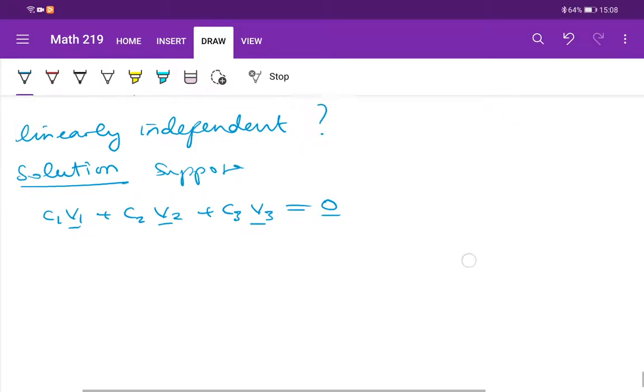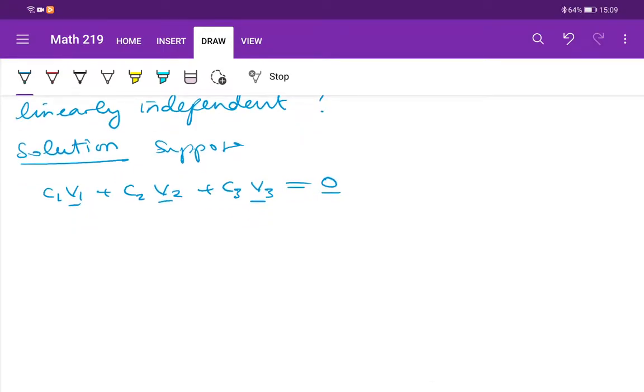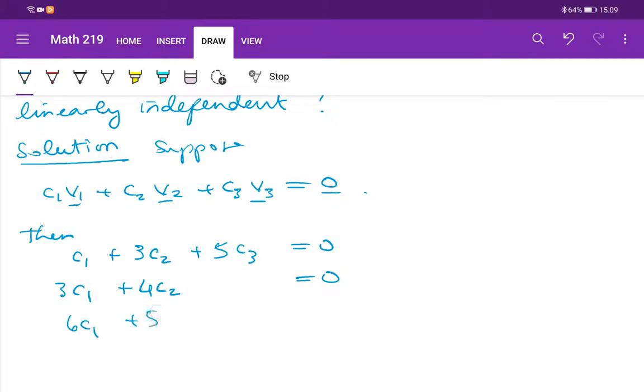So this is a linear system that we need to solve. Let's write it down. This linear system is c1 plus 3c2 plus 5c3 equals 0, 3c1 plus 4c2 equals 0, and 6c1 plus 5c2 minus 9c3 equals 0.